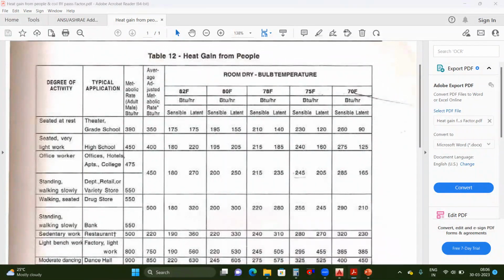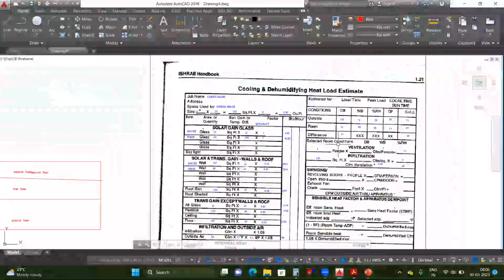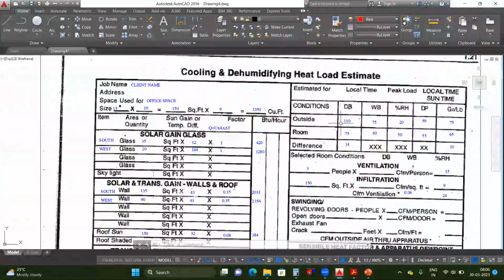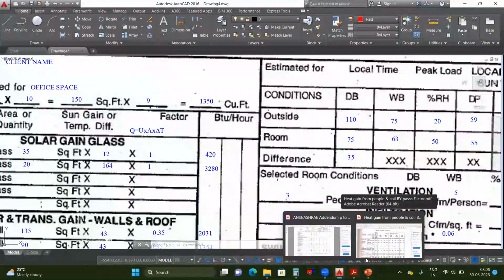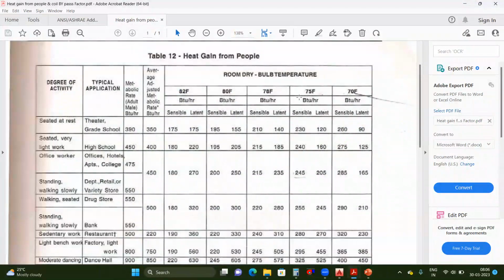So we'll go to our data sheet. What is the room dry bulb? Room dry bulb is 75 degrees Fahrenheit. So here, if you see, this is 75 degrees Fahrenheit. In office space, 75 degrees Fahrenheit means these are our values. We have two values, and we are doing it for the sensible heat, so that is 245.